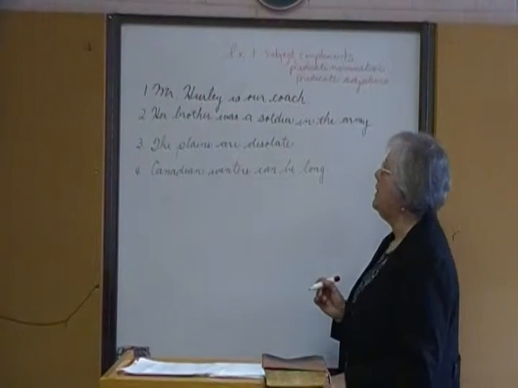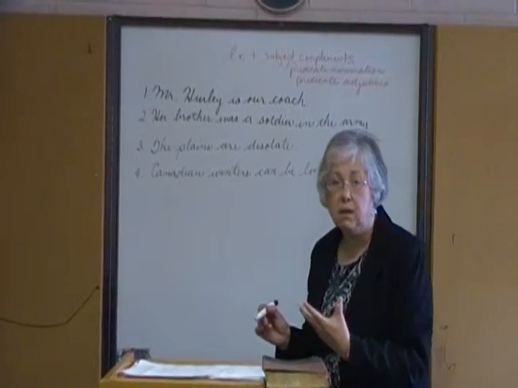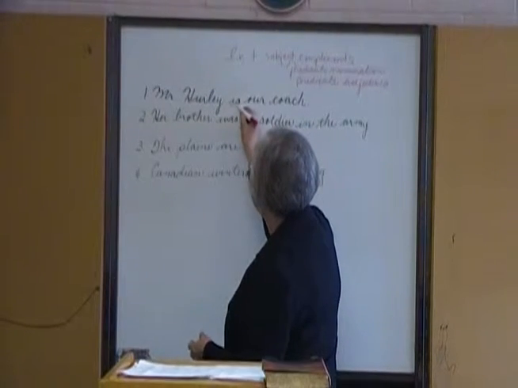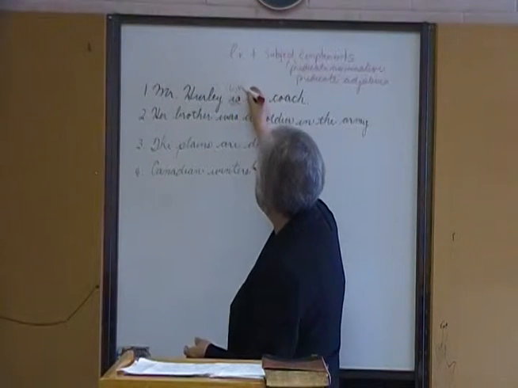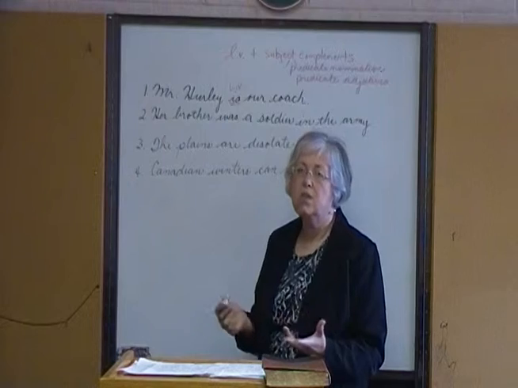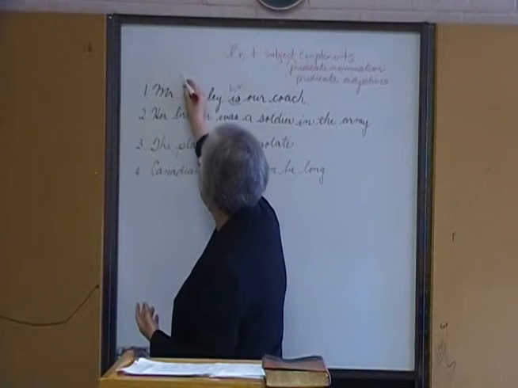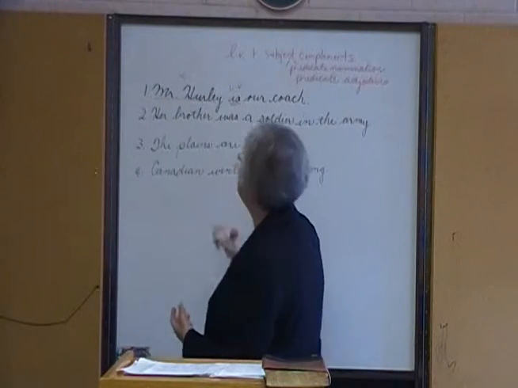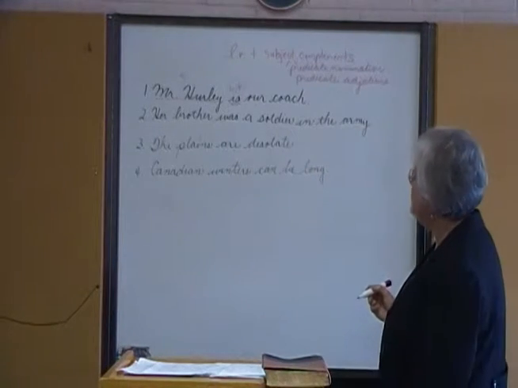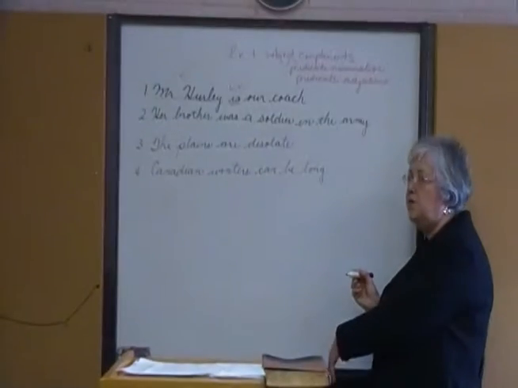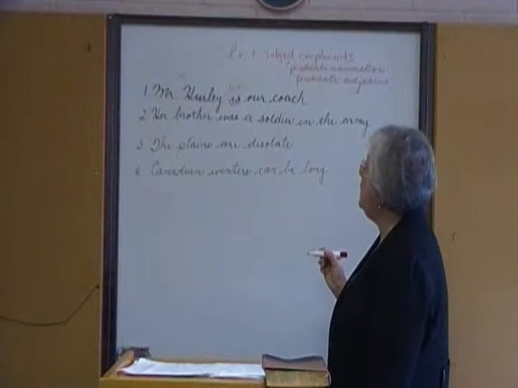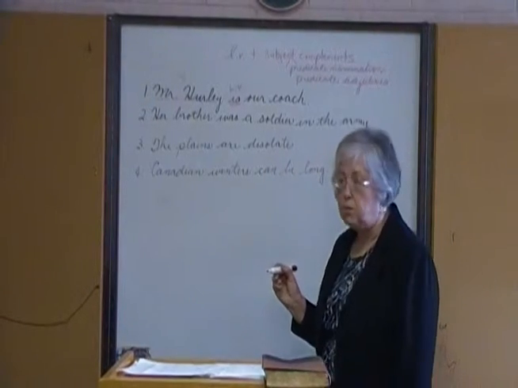Number 1, Mr. Hurley is our coach. What's the linking verb? Is. And we'll label it as an LV. Who or what is? What's the subject? Well, Mr. Hurley is the subject. All right, let's take a look at the subject complement that's following. And it is a noun, and it's coach.